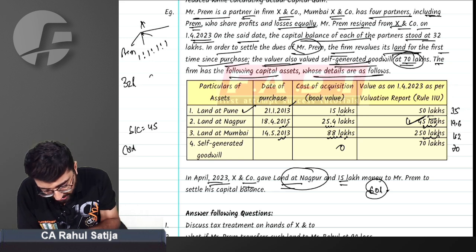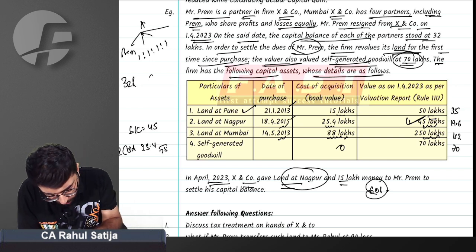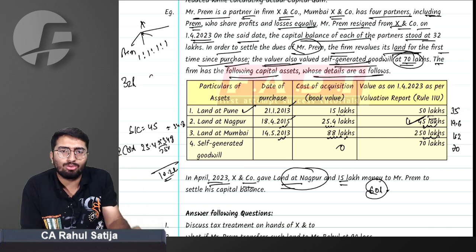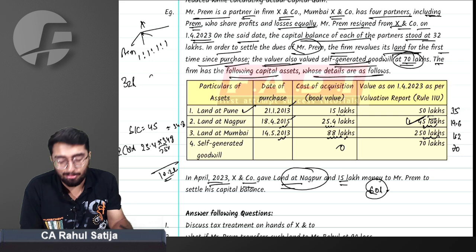Indexed cost of acquisition will be 25.4 lakh divided by CII of 15-16, which was 254, into 348. It will be 34.8 lakh rupees. So 10.2 lakh would have been the capital gain if this land had been sold to an outsider. What amount of tax would have accrued to different partners?